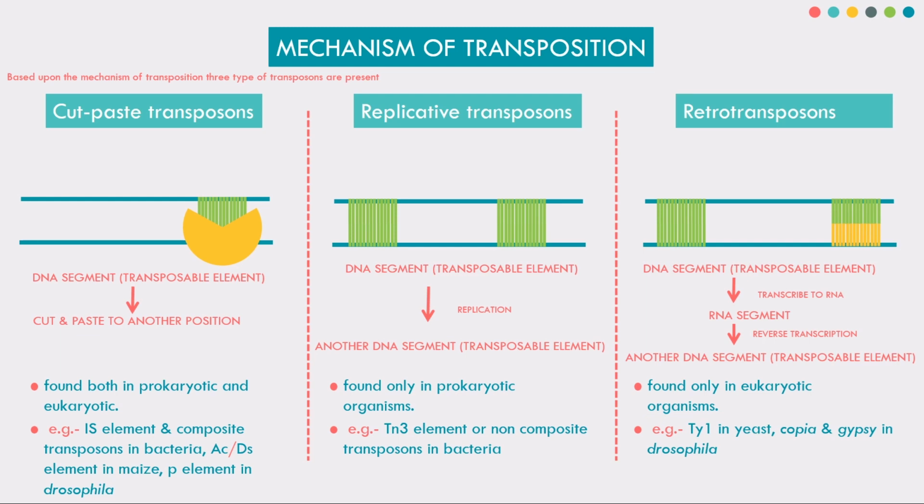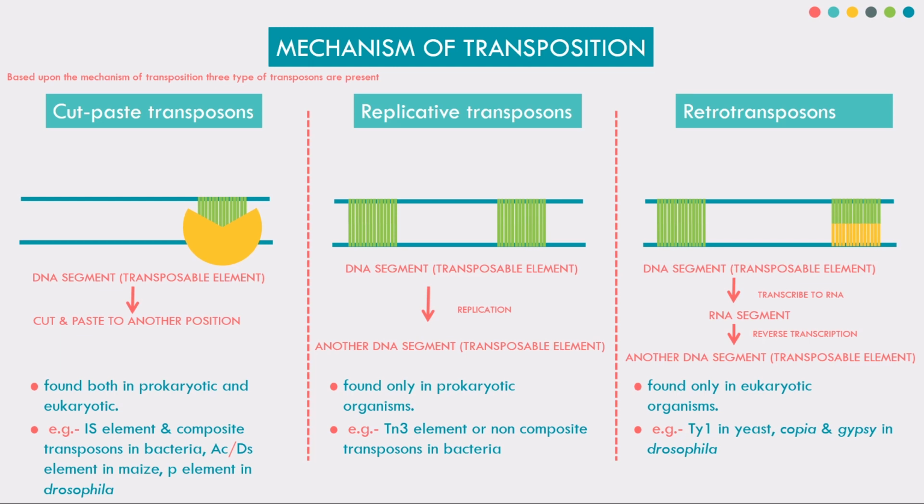The cut and paste transposons are found in both prokaryotes and eukaryotes. However, the replicative transposons are only found in prokaryotic organisms. The retrotransposons are only found in eukaryotic organisms. Examples of cut and paste transposons are the IS element and composite transposons in bacteria, the AC and DS elements in maize, and the P element in Drosophila.